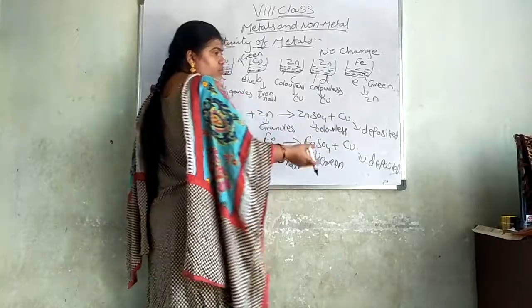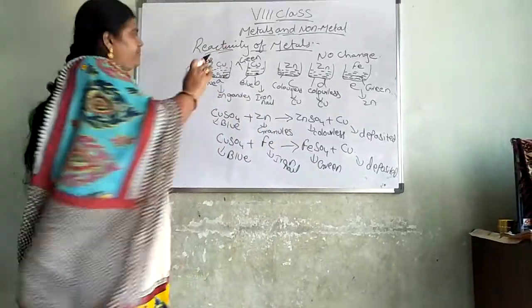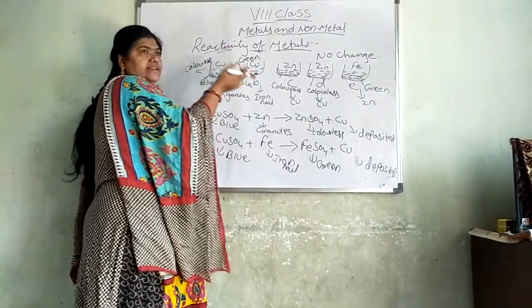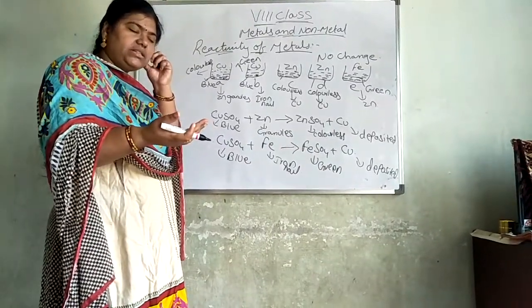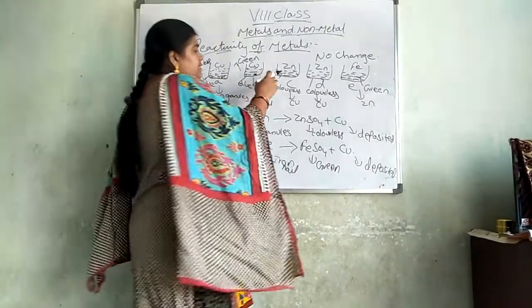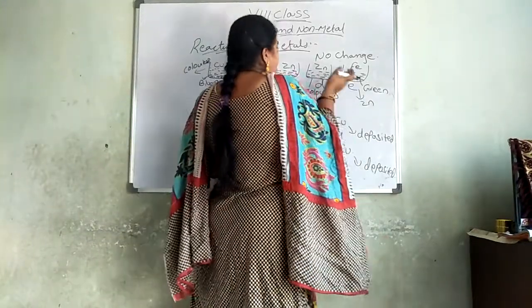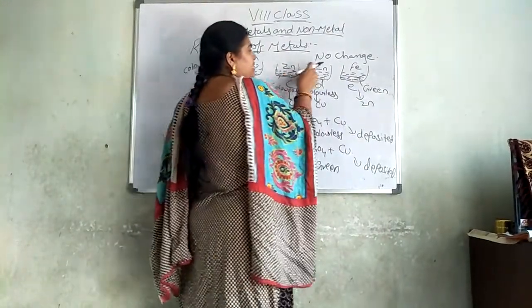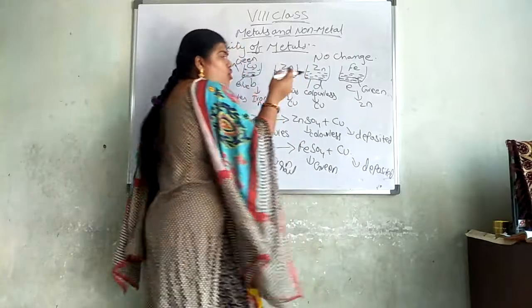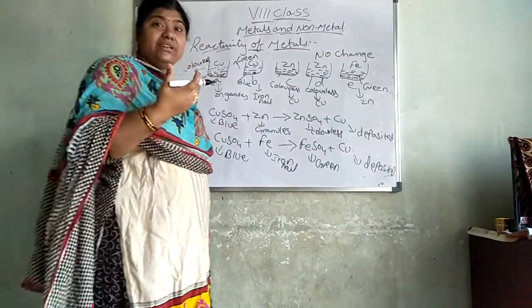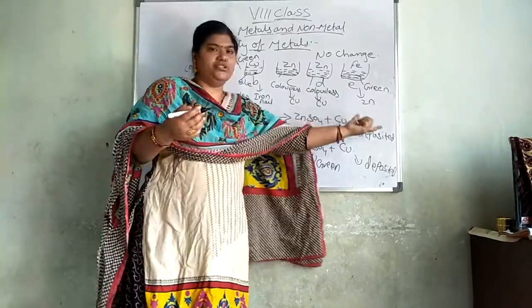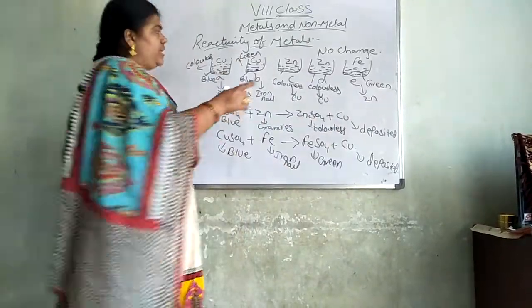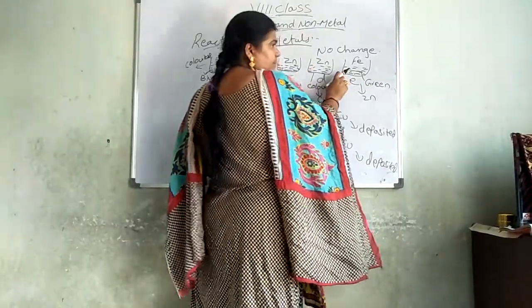So in the first 2 cases we found a change in the color of the beakers. But in C, D, E, the metals copper and zinc are less reactive than the sulfate metals, so you cannot find any change.